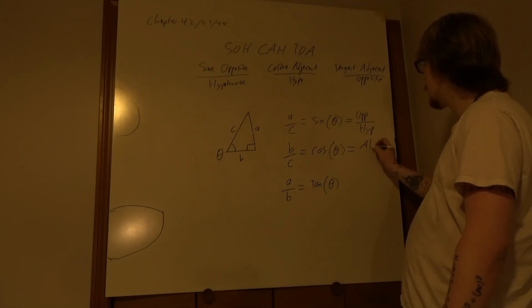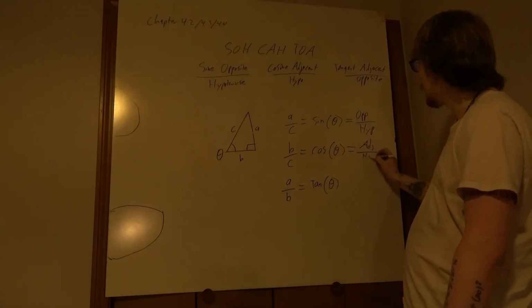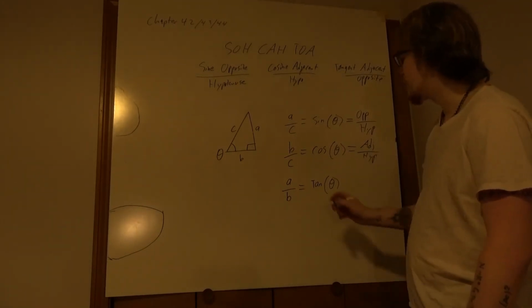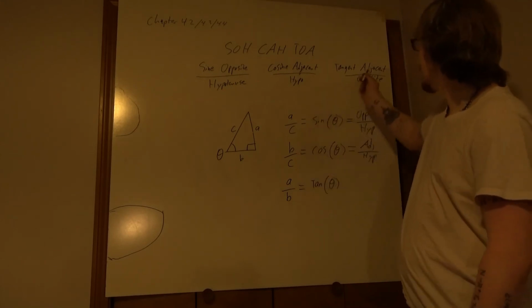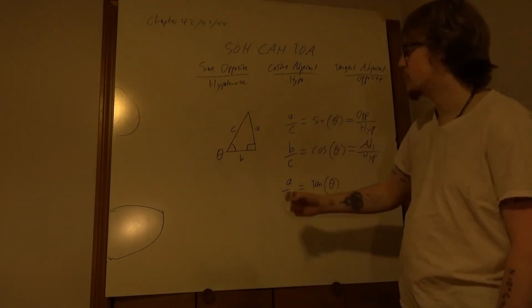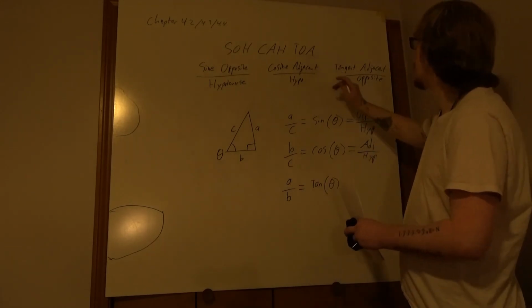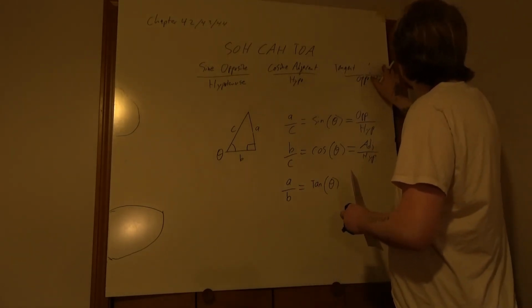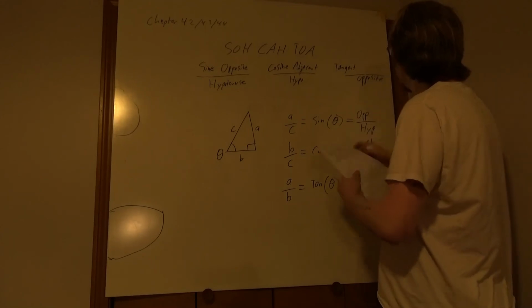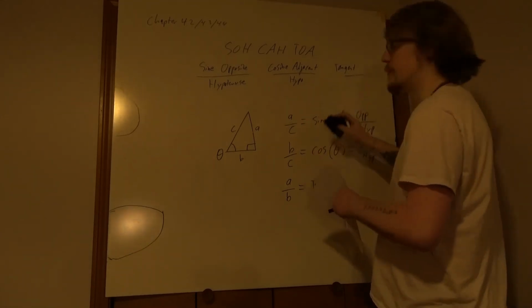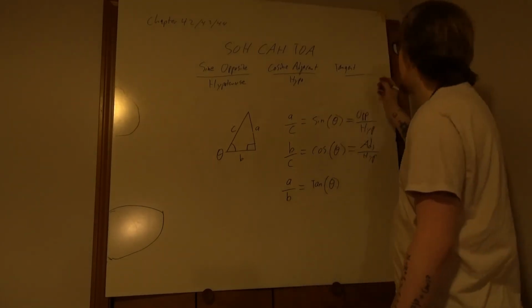So this is going to be adj over hyp. And tangent is adjacent over opposite, so it's going to be, oh, I'm sorry, TOA, it should be opposite over adjacent. See, even when you remember them, you can still misremember them.